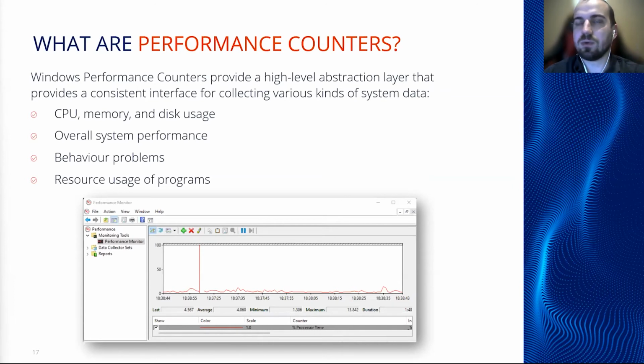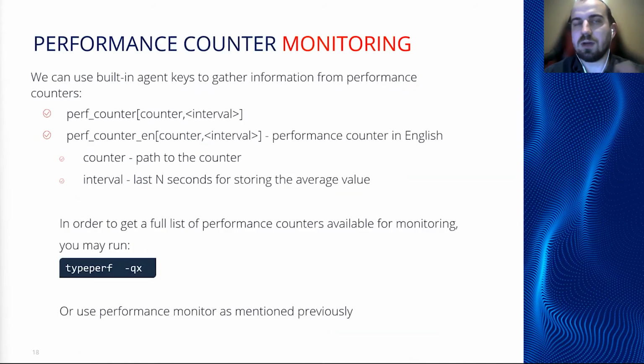We will need to go to performance monitor just once to see what we want to monitor, to find the path, then we create it in Zabbix, and that's it. We can always go to Zabbix to quickly see the performance that we are having on the system without needing to go each time to performance monitor and then trying to find all the counters we're interested in.